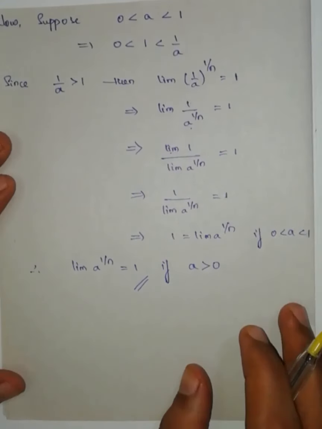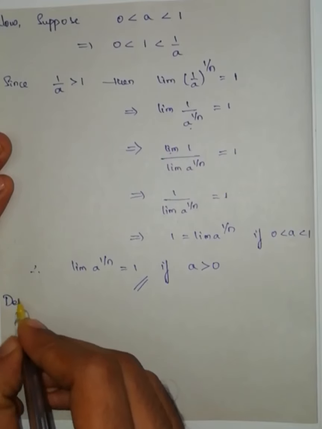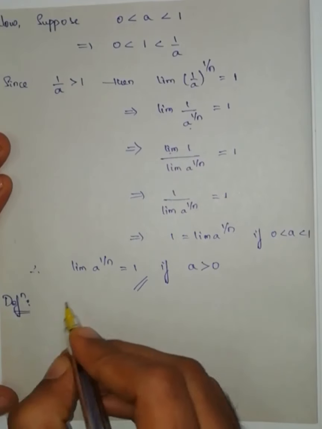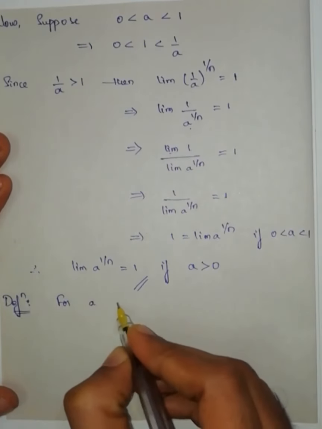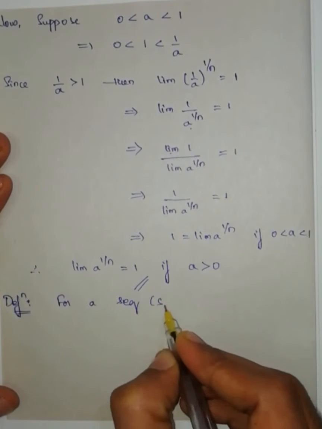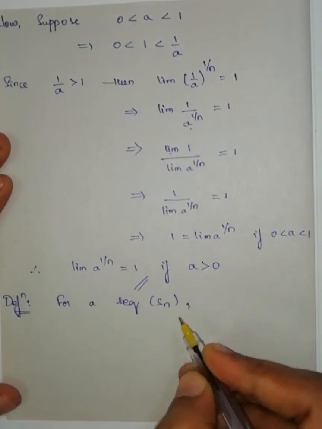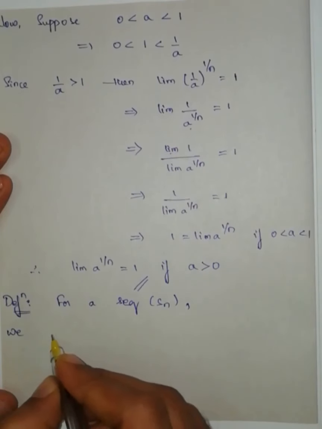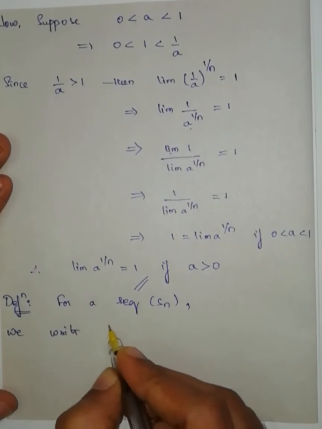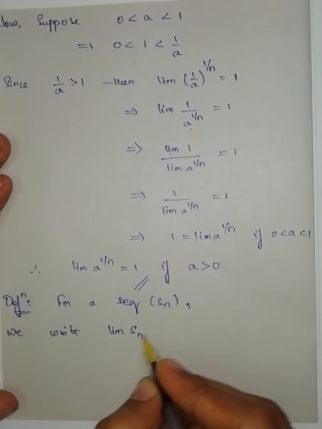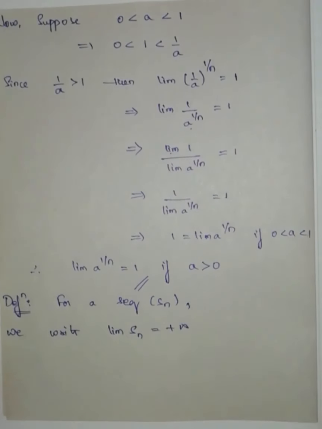Now, the next definition for a sequence Sn. We write limit of Sn is equal to plus infinity. Earlier we wrote limit of Sn is some real number s, then we say that the sequence converges. Here s is not a real number, maybe plus infinity.